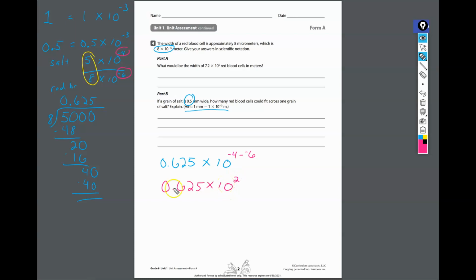Still not my final answer, because this decimal is in the wrong place for scientific notation. We're going to move it over one more time to give us 6.25. I went from a smaller number to a bigger number, so this has to get smaller. So that's how many times a red blood cell can go into 1 grain of salt.